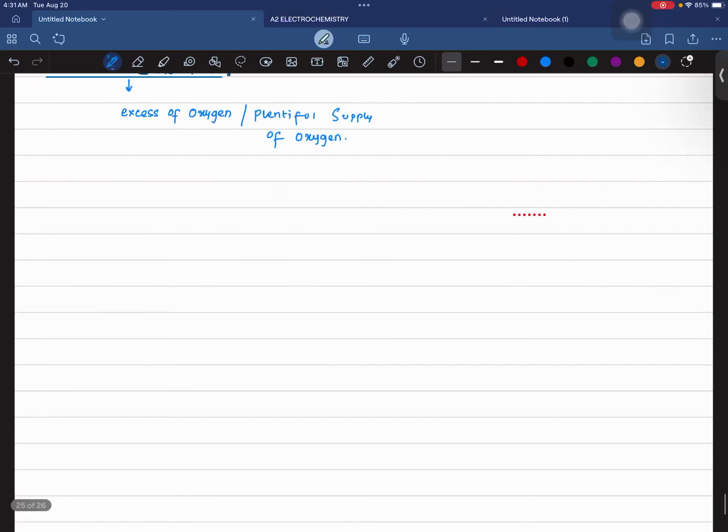So let's suppose this is methane and this is ethane. This is propane. This is butane. This is pentane. I'm going to react them with oxygen.